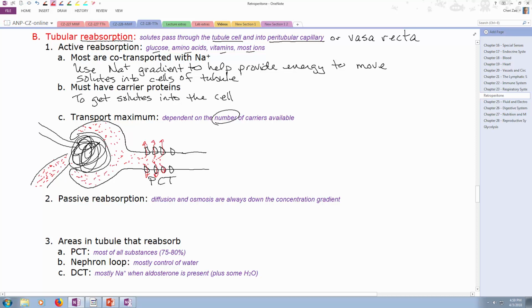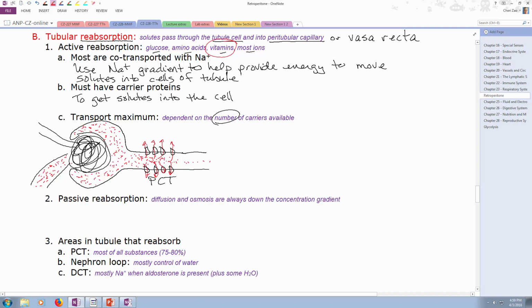Now we have a huge number of glucose molecules in the filtrate, and they can get by. We're trying to grab them out, but we can't grab enough of them out because there's just so darn much. So that's that transport maximum. That's why you actually have glucose appearing in the urine.